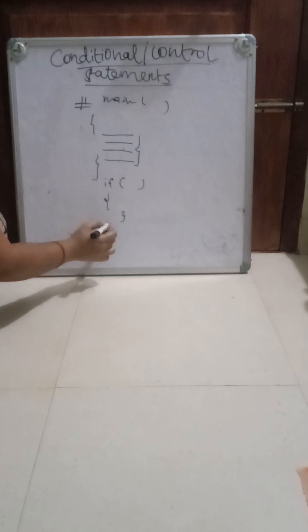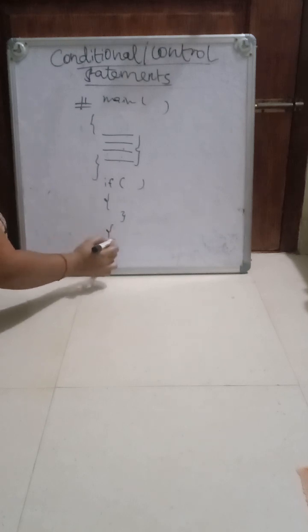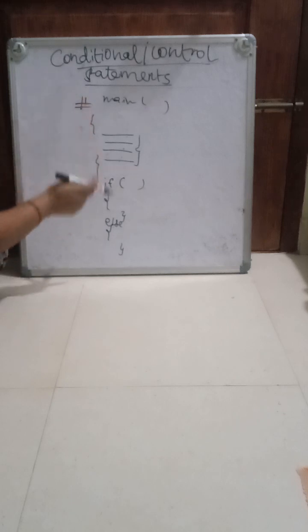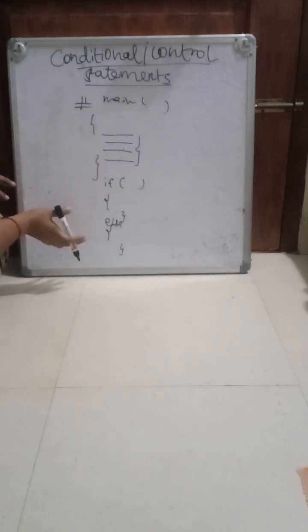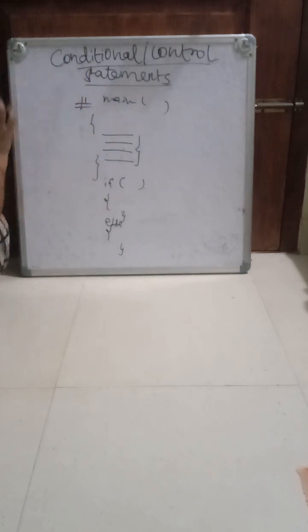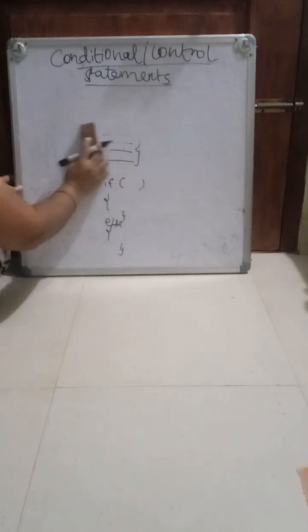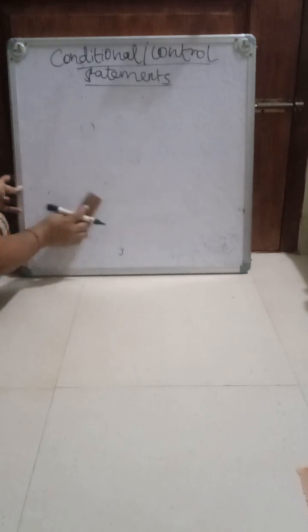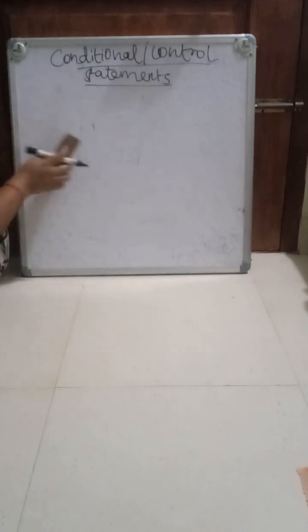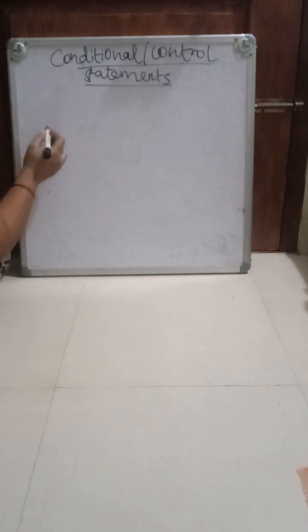If the condition is not met, you just execute this other set of statements, right? Changing the flow of execution in the program like that is called conditional or control statements.